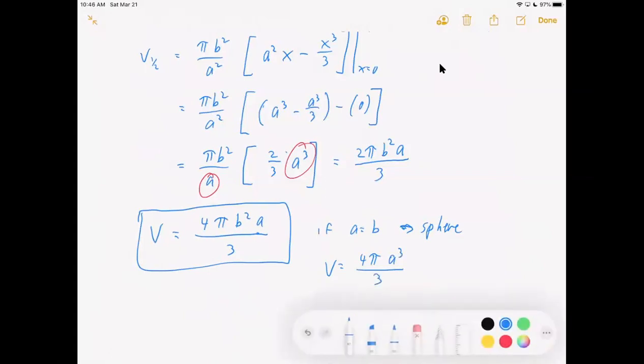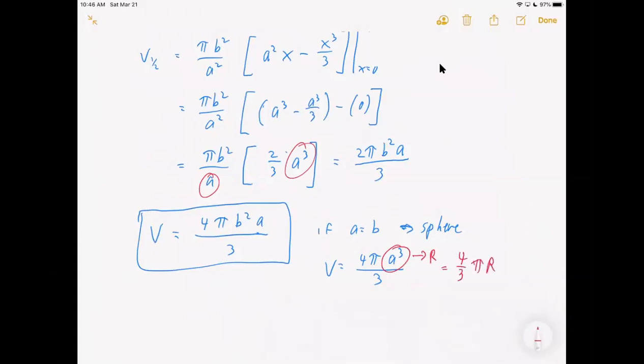Now note, if a equals b, this is really the radius. And so we're back to our formula, 4/3 pi r cubed, which is exactly what we would expect for a sphere. So it appears that we do have the right formula for this case.